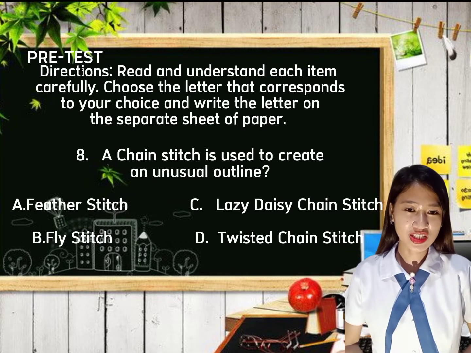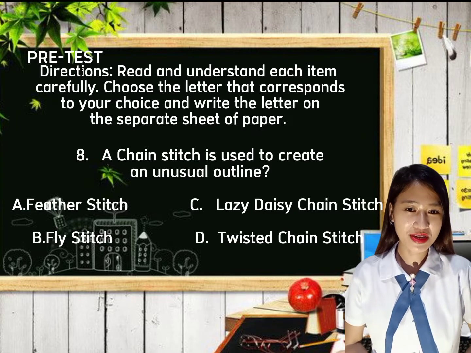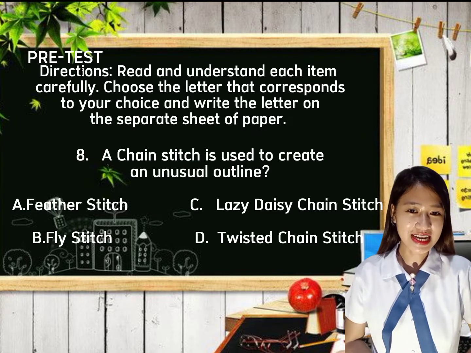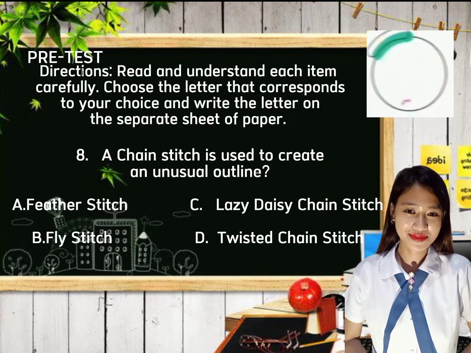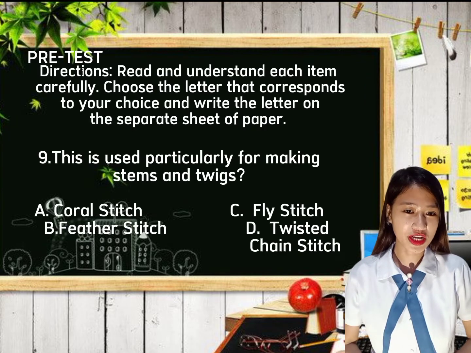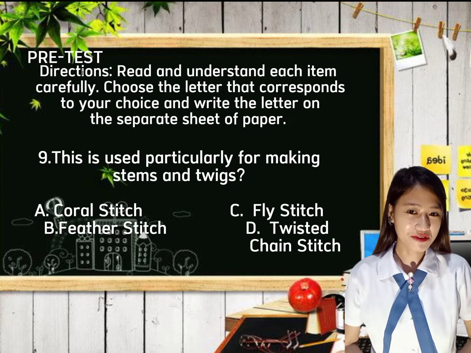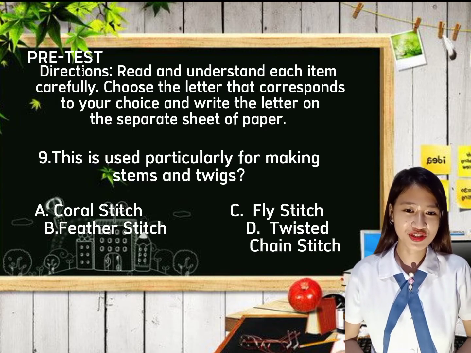Number 8. A chain stitch is used to create an unusual outline. A. Feather stitch, B. Fly stitch, C. Lazy basic chain stitch, D. Twisted chain stitch. B. Twisted chain stitch. Number 9. This is used particularly for making stems and twigs. A. Coral stitch, B. Feather stitch, C. Fly stitch, or D. Twisted chain stitch.